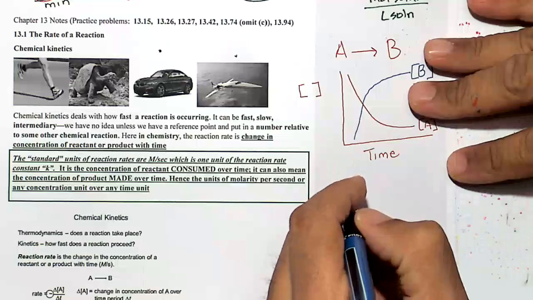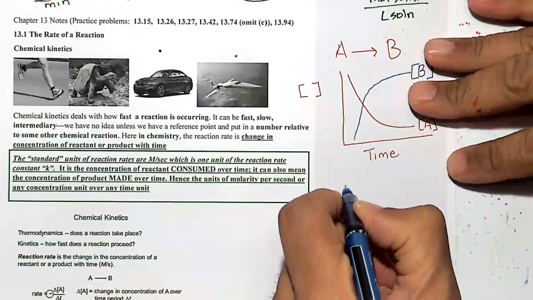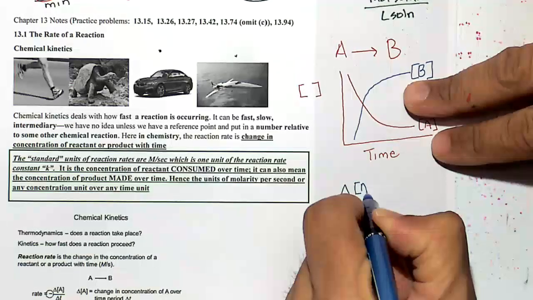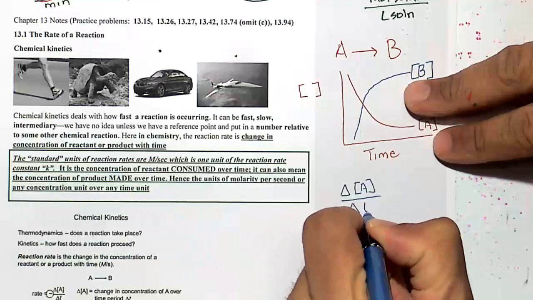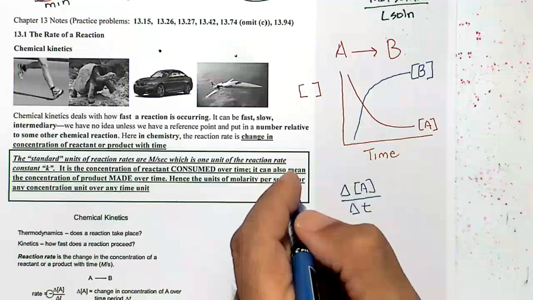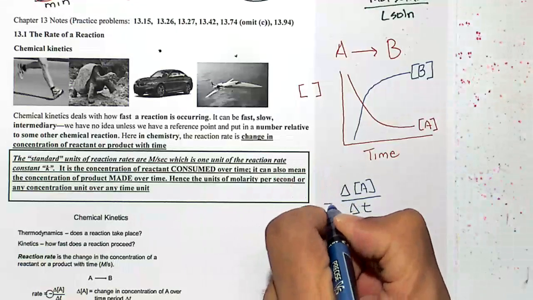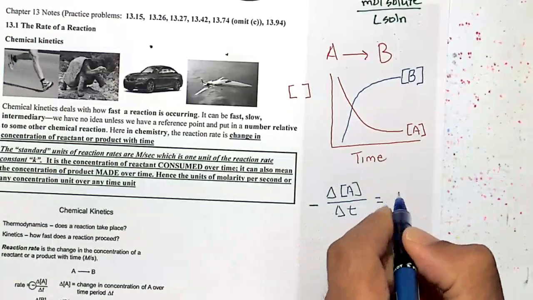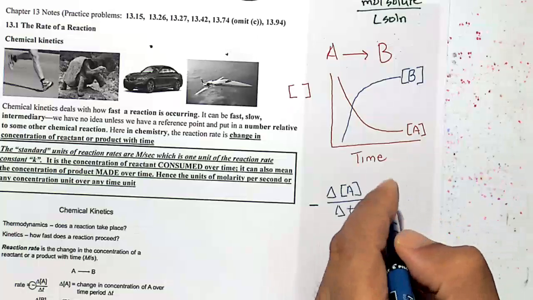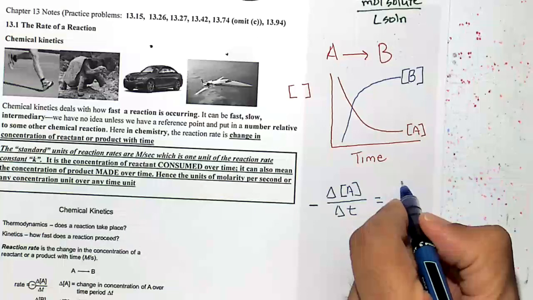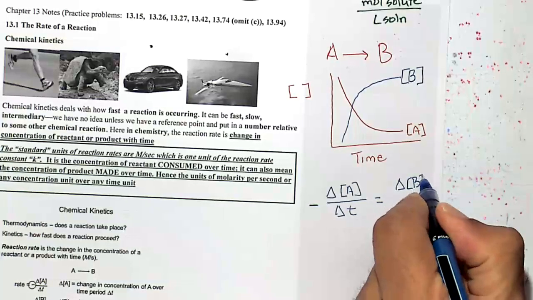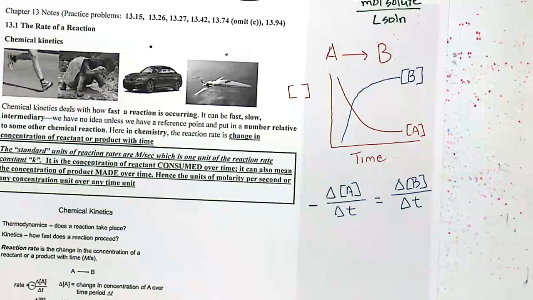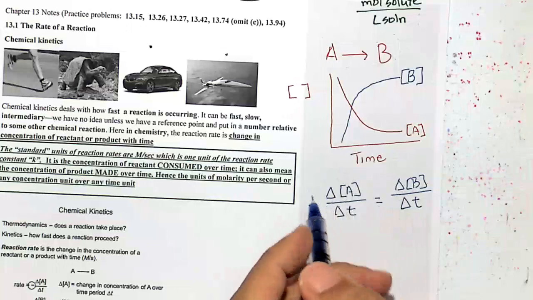The change in concentration of A over some increment of time is going to be minus, and this is going to equal the change in concentration of B over the change in time, some window of time.